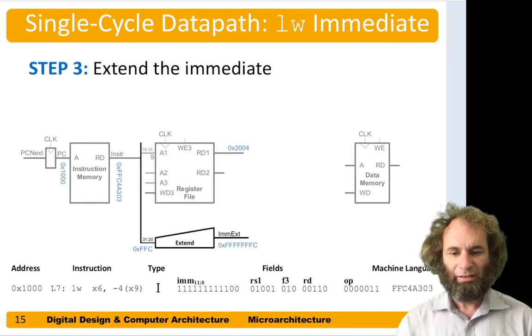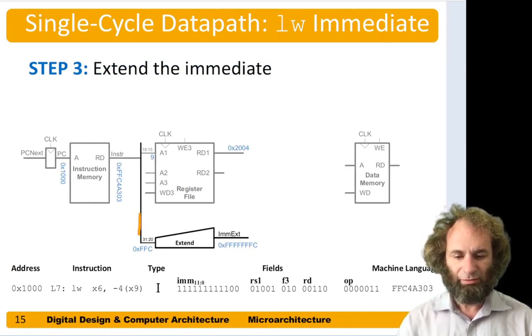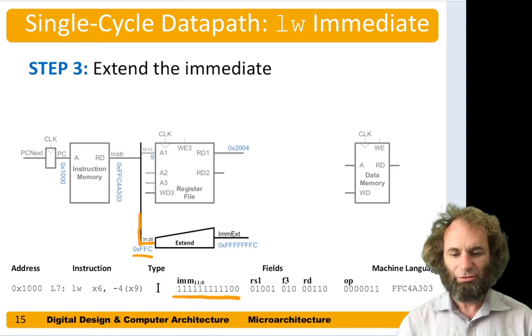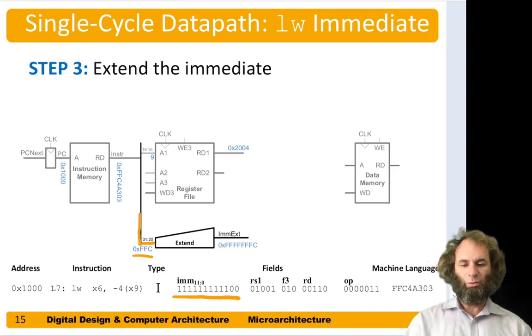Now the load word also needs an immediate offset, so we take some more bits of the instruction. Bits 31 through 20 contain the immediate for load word. And those are a bunch of 1s and then 00, which in hexadecimal is FFC. Recall that we need to extend that immediate to be 32 bits long instead of 12.